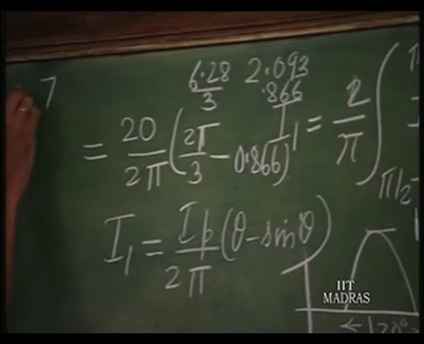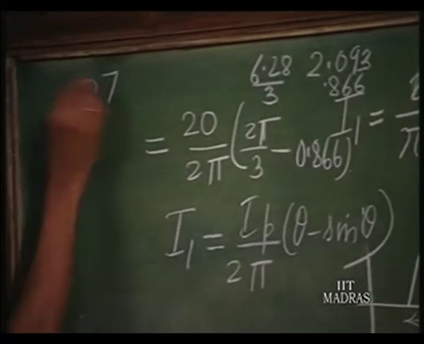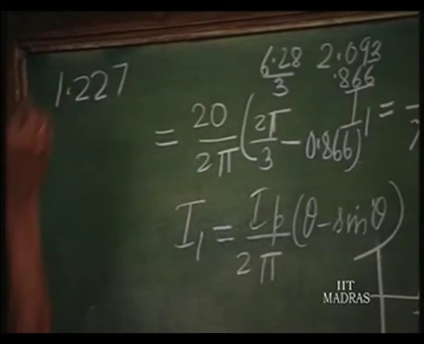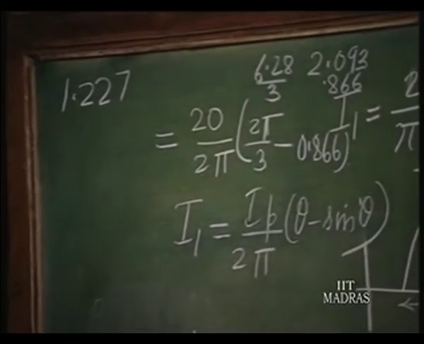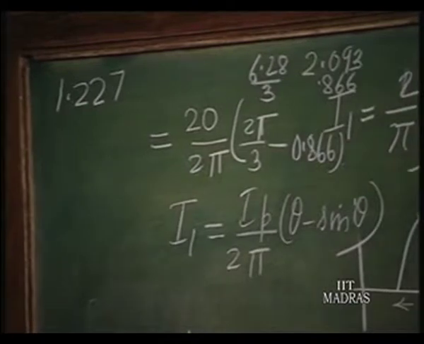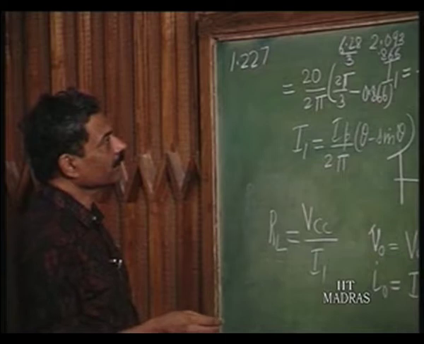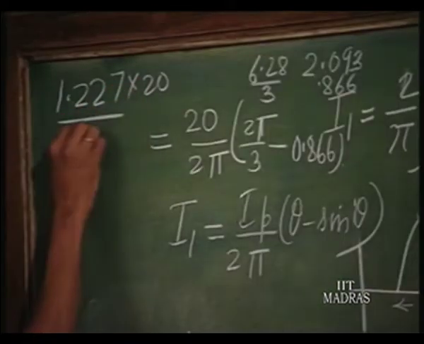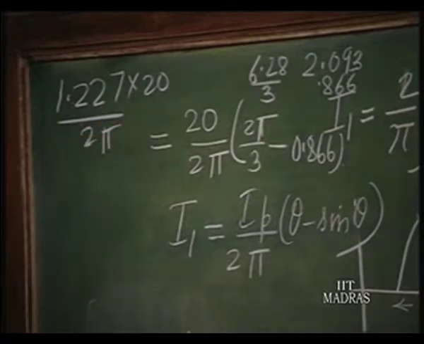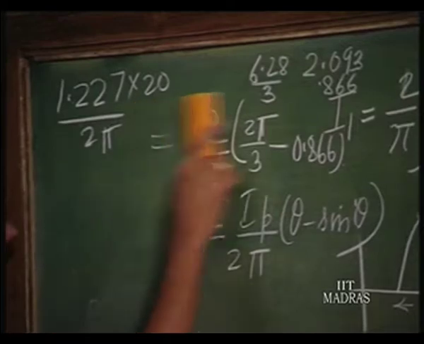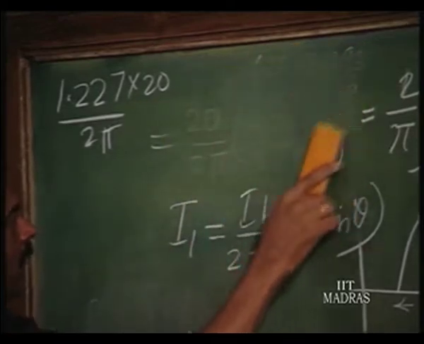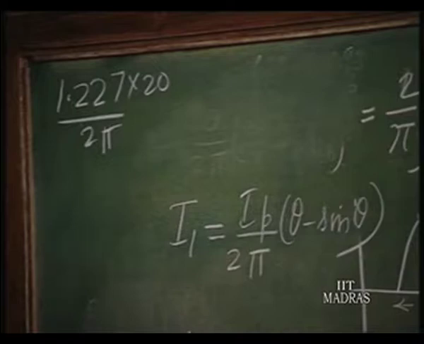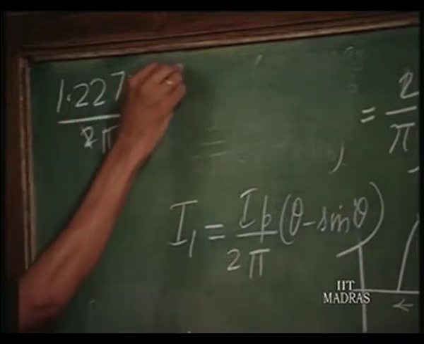So, this is going to be how much? 1.227, which we had earlier got while evaluating the power output. Anyway, 1.227 into this value 20 by 2 pi. Let us quickly calculate that. This 2 goes here, this is 10.